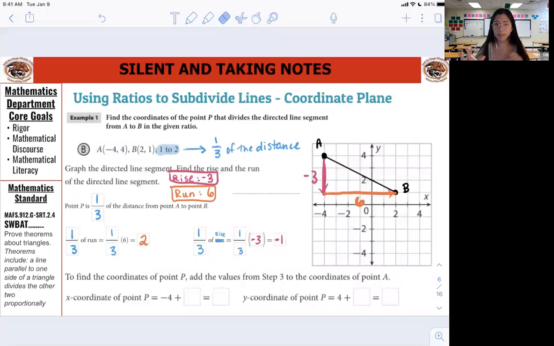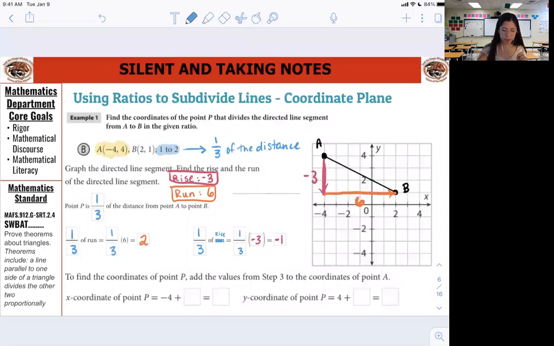Okay. So far, not too bad. So first thing, step 1, find the rise, find the run. Step 2, find 1/3 of the rise, find 1/3 of the run. Then, let's read what it says down here. To find the coordinates of point P, add the values from step 3 to the coordinates of point A. So point A was at -4, 4.